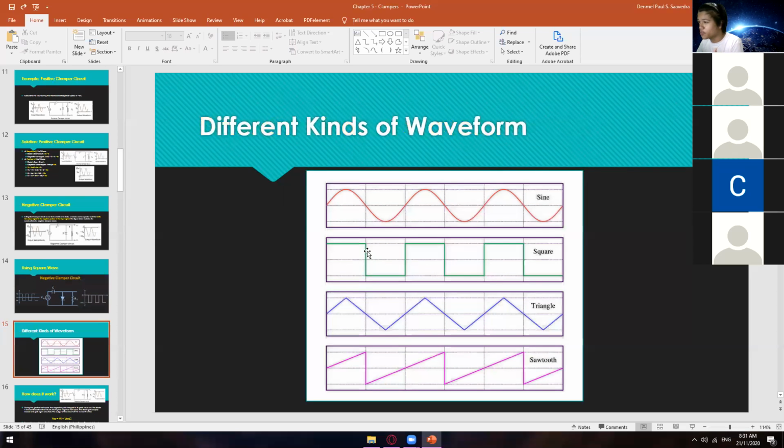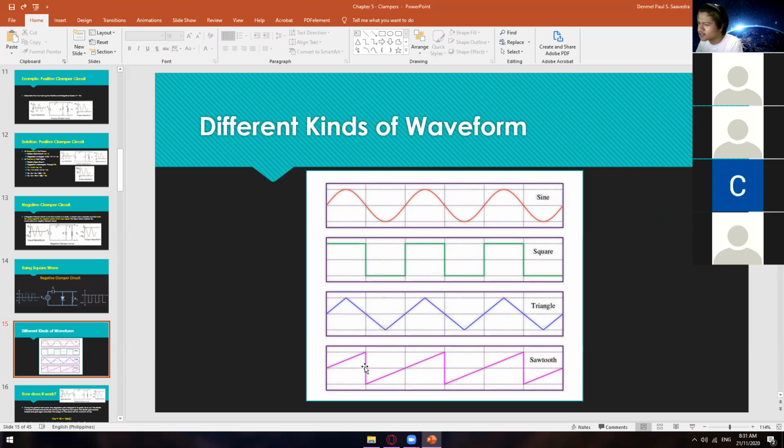Of course, all of them have specific functionalities. Like with the square wave, you want to know the exact point wherein it shifts from positive to negative. For the triangle wave, you want to know the peak voltage from positive to negative. And for the sawtooth, you want to know when it shifts.